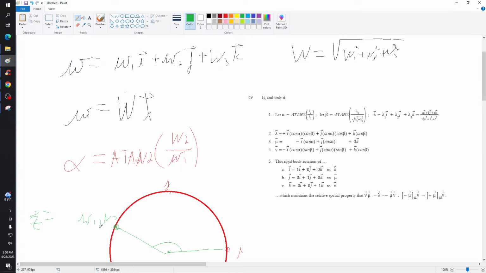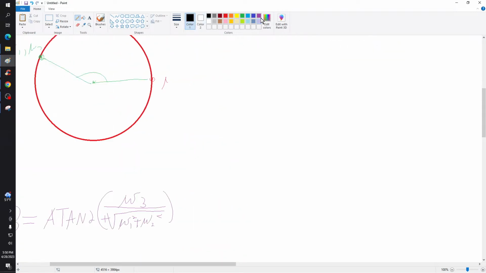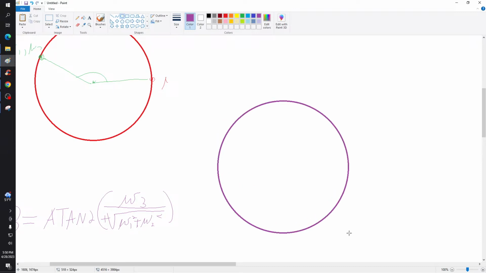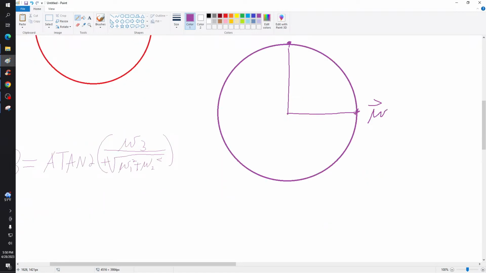Okay. So now we're looking at the angle. If we were to draw another unit circle with the z vector as the x-axis and the k vector as the y-axis, we now want to get the coordinate.